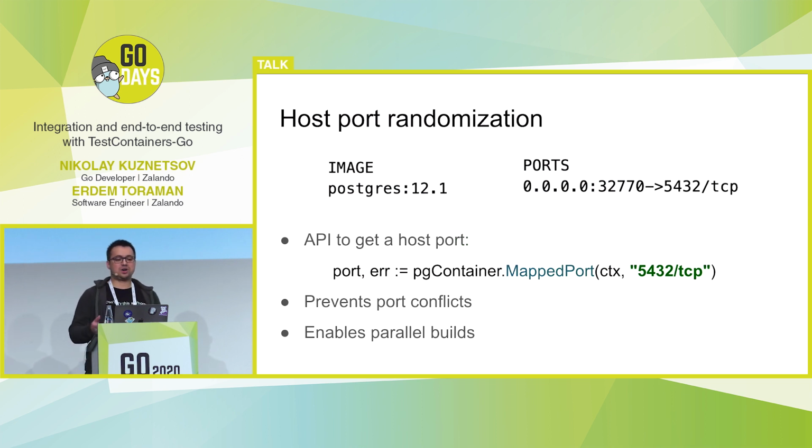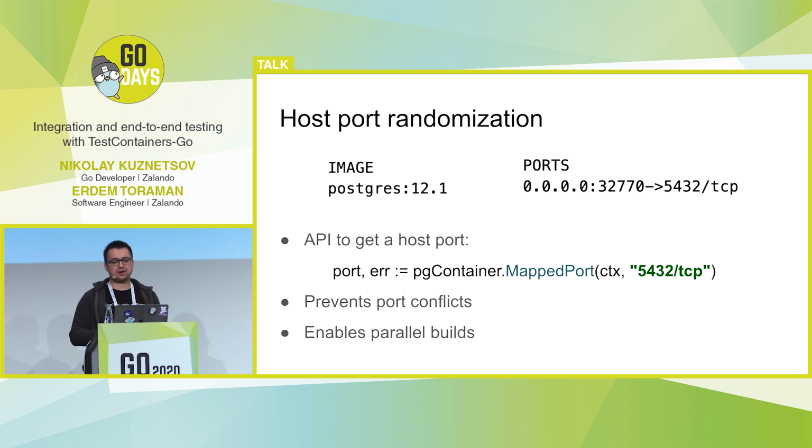If we run this command in Go, the container gets started, and we can see that the standard Postgres port from inside the container gets exposed to our host environment as some random port. It usually starts with 32,000 something, and there is an API to get the host port back by the port of the container.